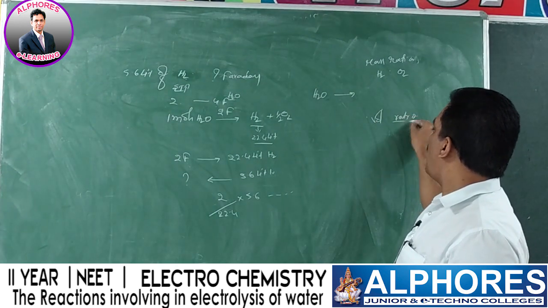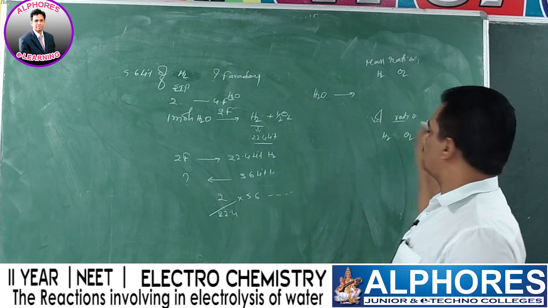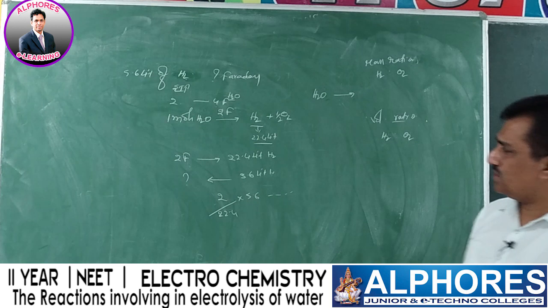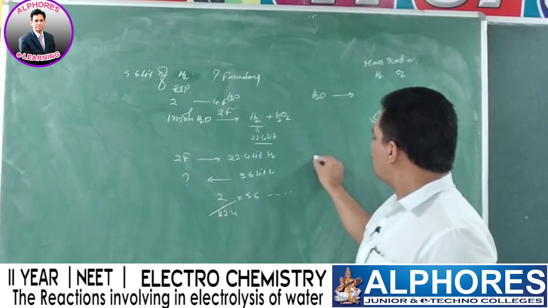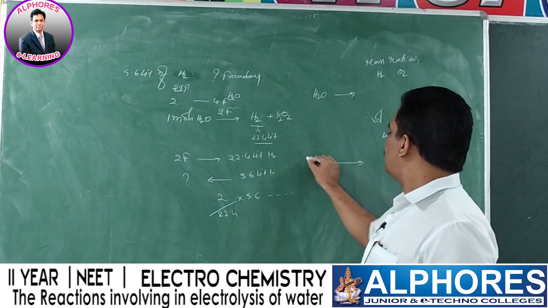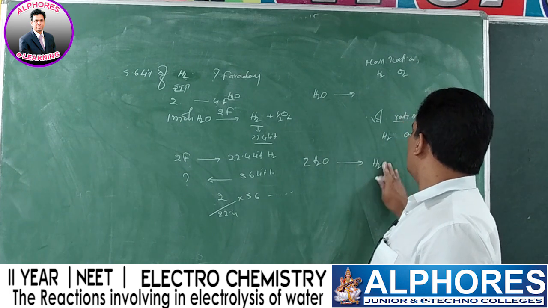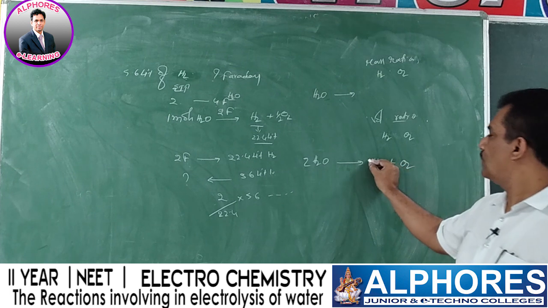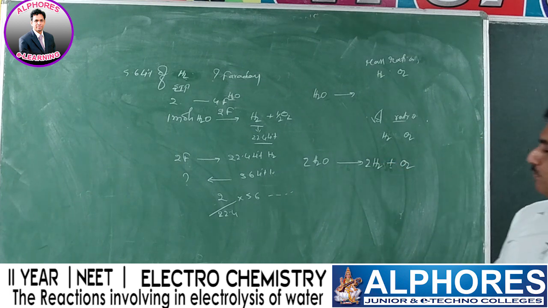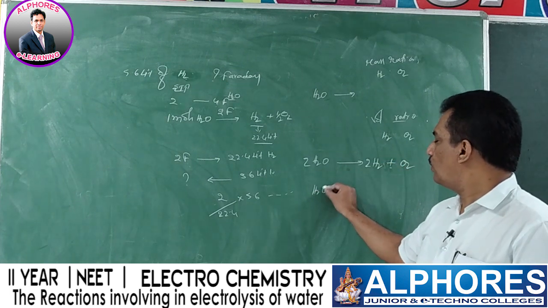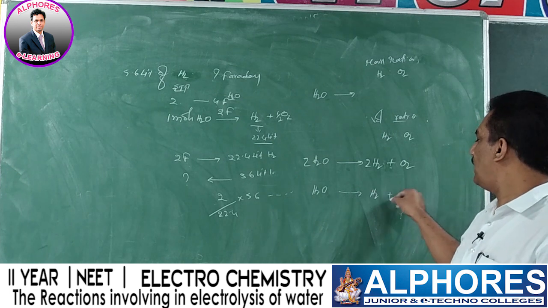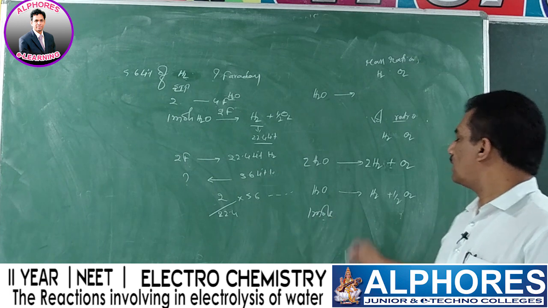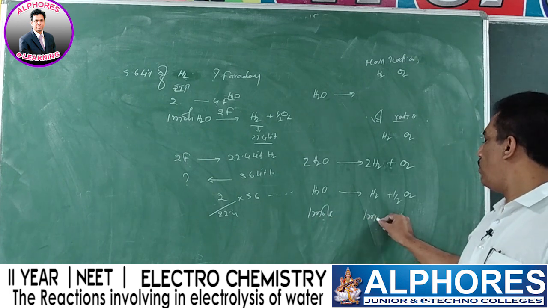Just observe, when electrolysis is happening, this is the balanced equation for electrolysis of water. That is 2H2O giving 2H2 plus O2, or it is H2O giving H2 plus half O2. Just remember, 1 mole of water on electrolysis gives 1 mole of hydrogen and half mole of oxygen.